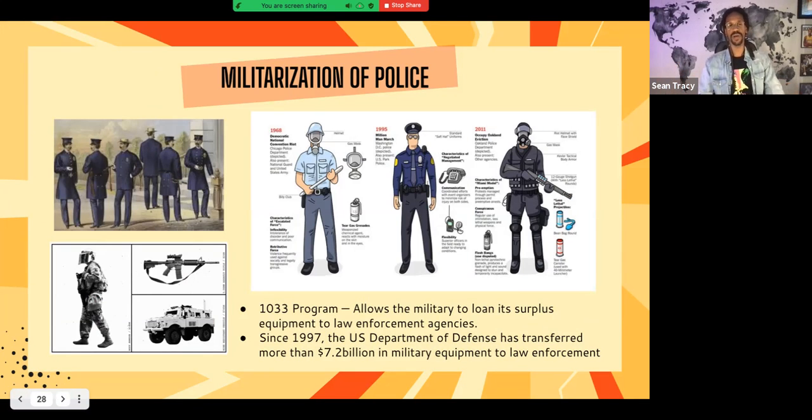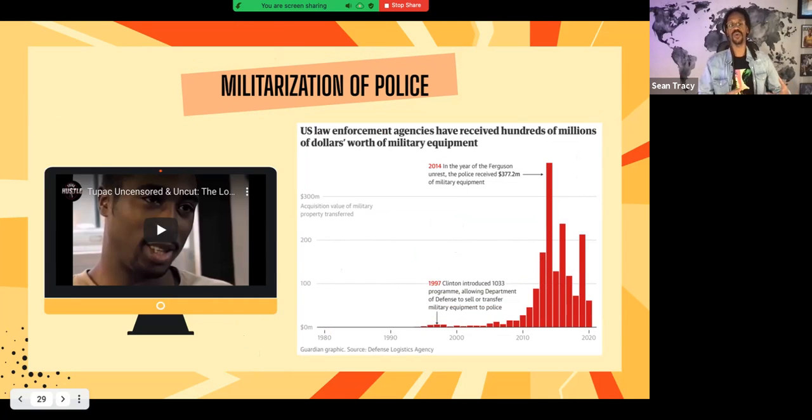We then talk about the militarization of police and the transition and evolution of an officer, from the Billy club to a gun to now fully armed tanks and soldier gear. We talk about how that money is siphoned from the Department of Defense. These are discussions the kids get into, and they want to know why these things are the way they are.